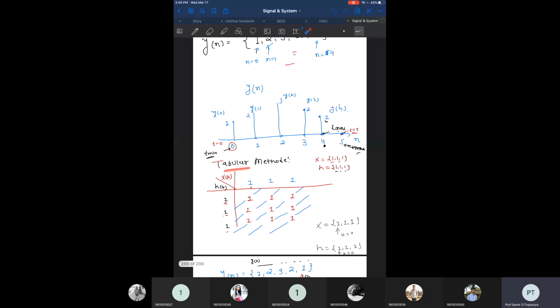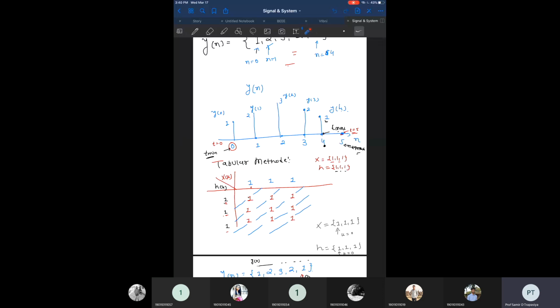In a vertical column, we arrange h of k starting from k equal to 0, 1 and 2. These are the amplitude values at the points 0, 1 and 2 respectively, and in the same way these are the values of x of k, the amplitude values of x of k at k equal to 0, 1 and 2 respectively.